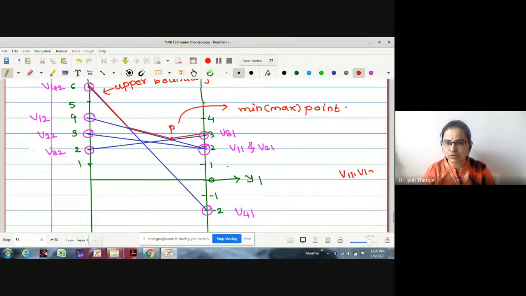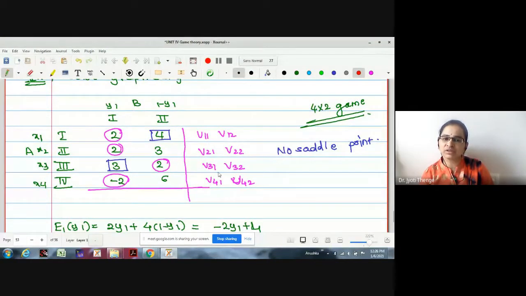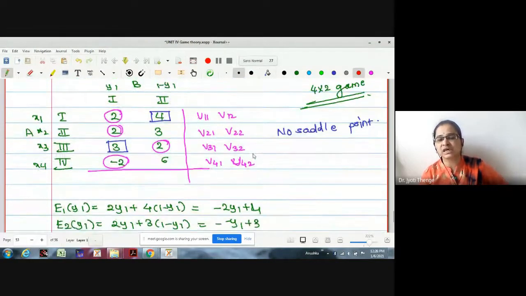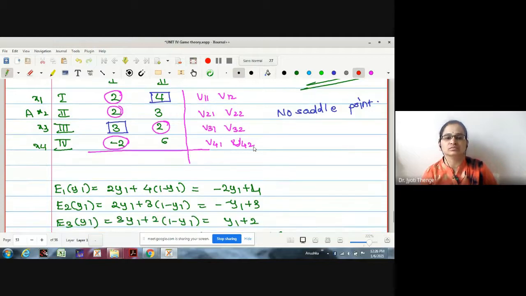1, 1, 1, 2 and 3, 1, 3, 2. What does it give us? It means this P is an intersection of two lines. No doubt we have two columns, but here we have two rows, the first and third row.